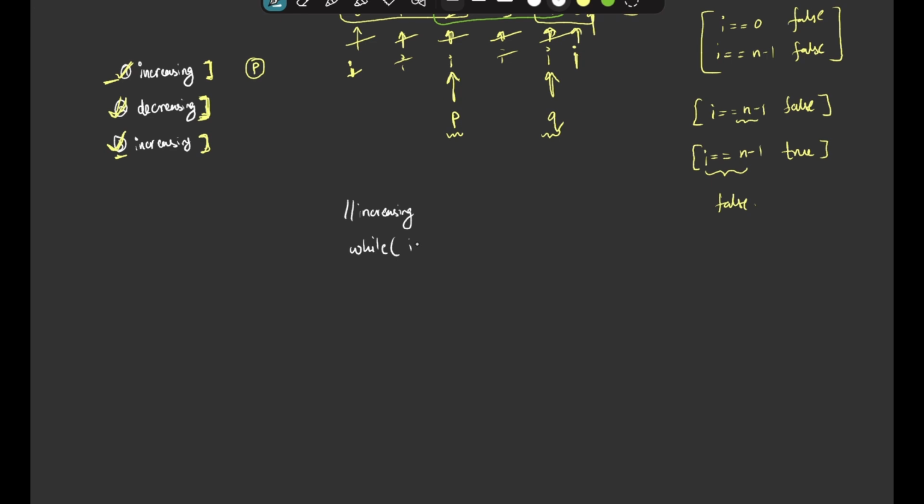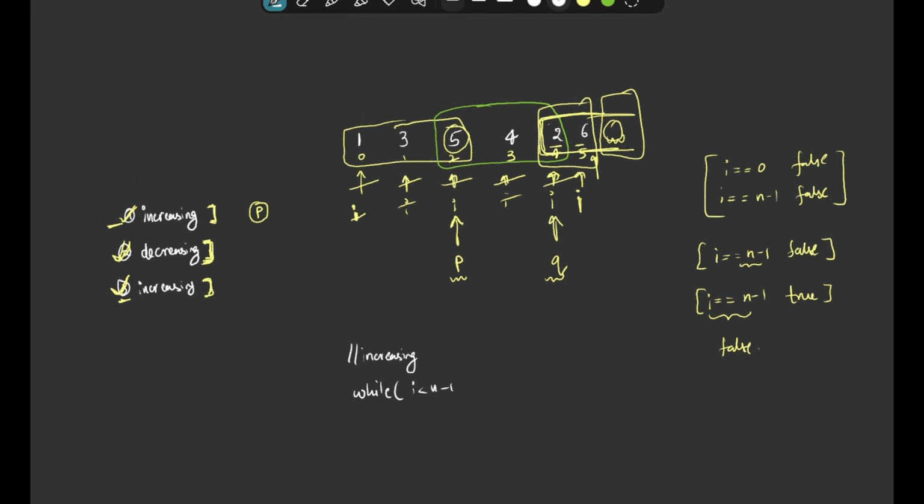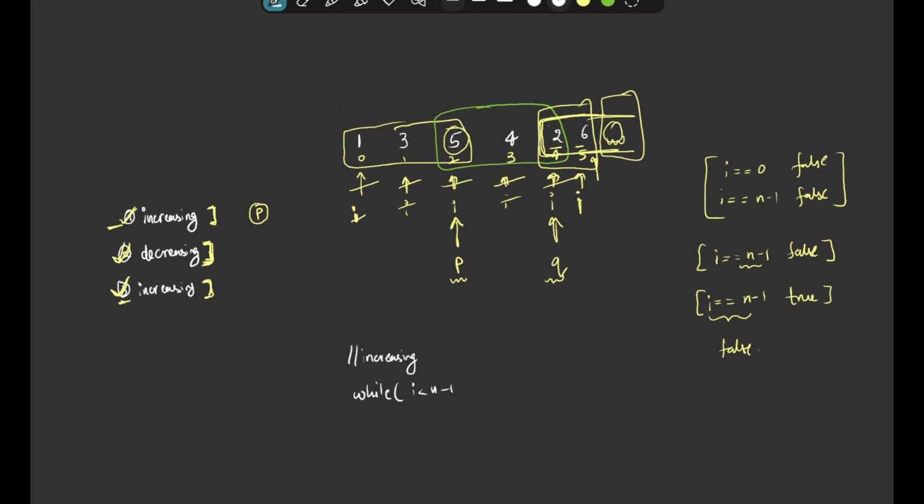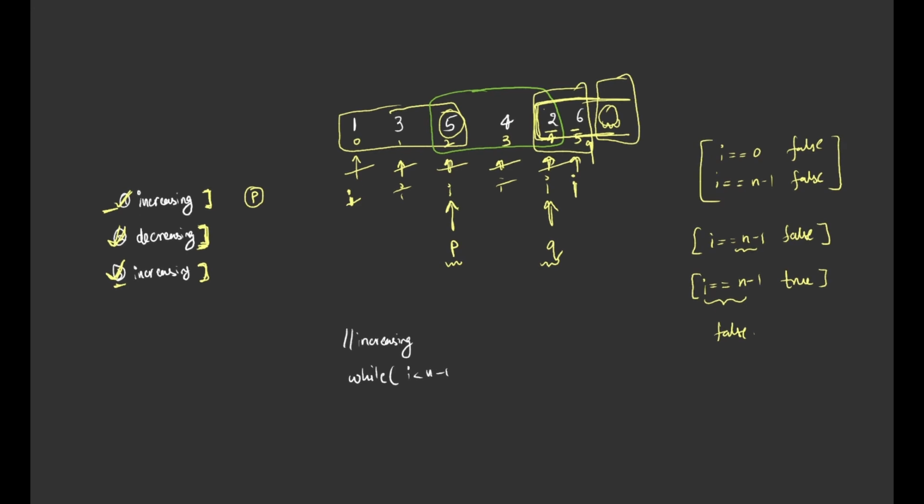We will take one while loop, and while i is less than n minus 1. Why is it n minus 1? Since we are checking other elements, the last index is n minus 1, this index is n minus 2, so it is sufficient to get over here.